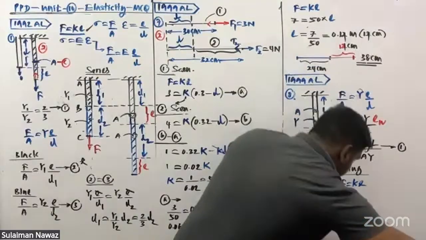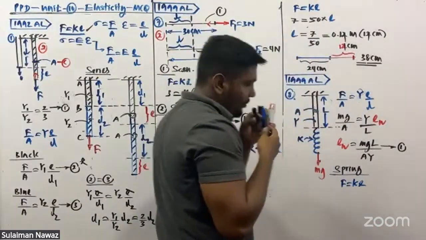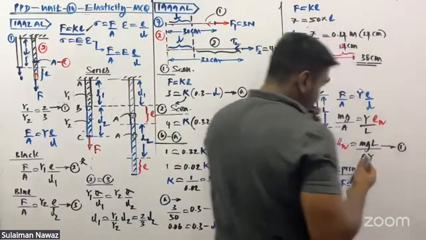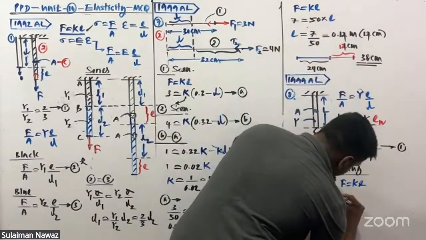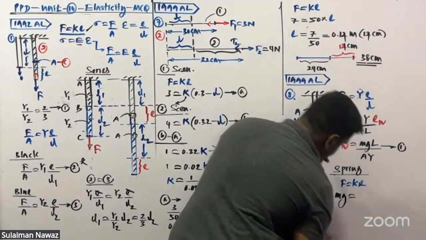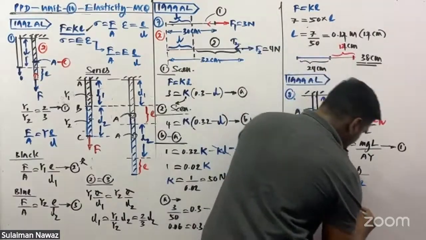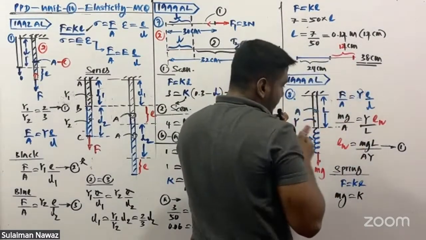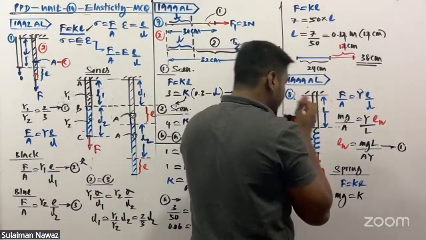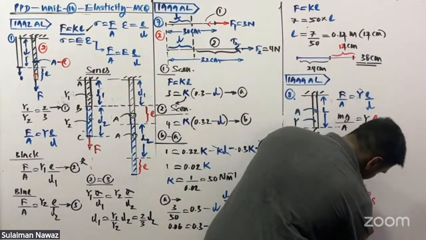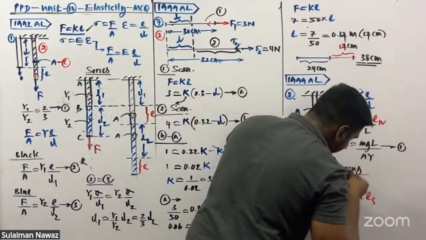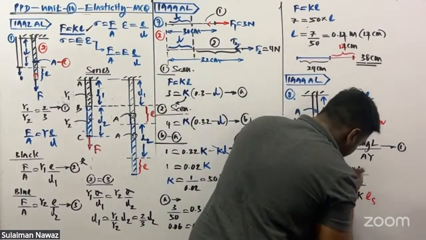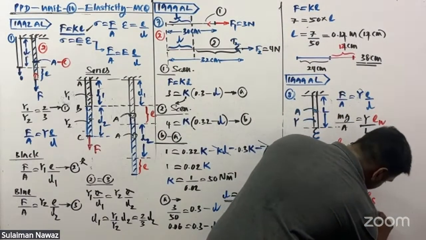F is the weight, mg, and the force constant, the spring constant, is k. e simply means the extension of the spring. Let's say the extension of the spring is ES, S for spring. Then we substitute, ES equals mg over k.